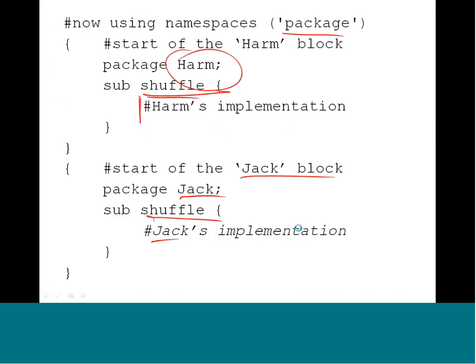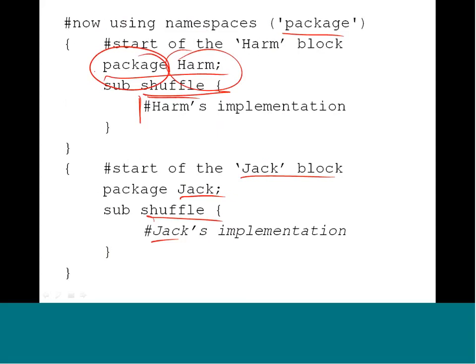So in order to find a happy medium, we introduced the concept of a package, where we start the Ham block with what is called a package specification or package keyword, and then Ham, and then we write a shuffle.